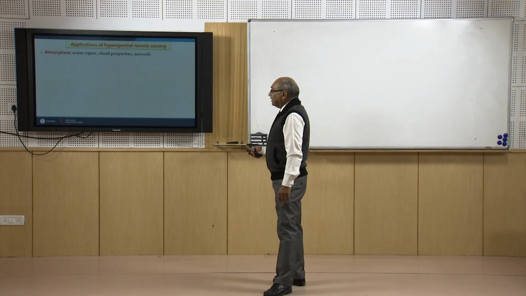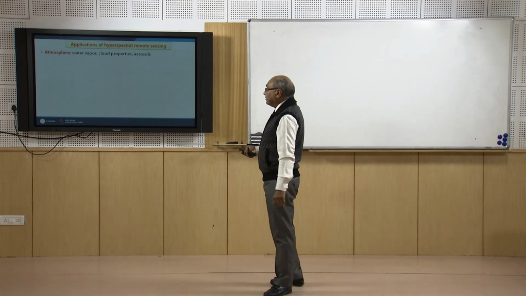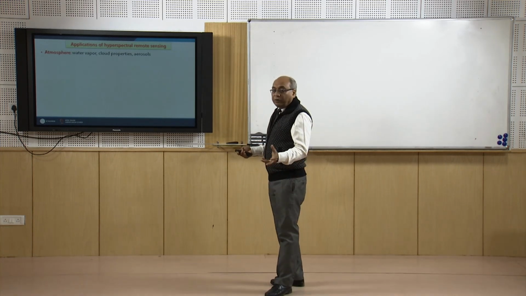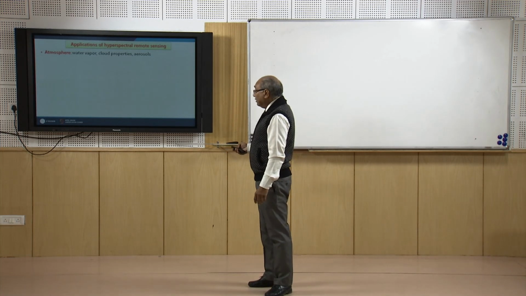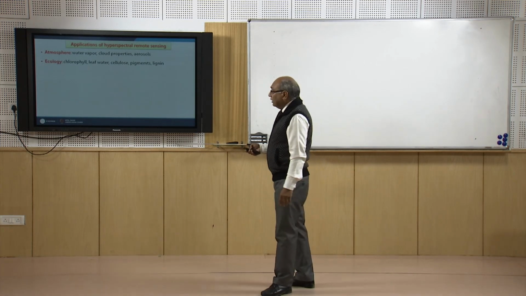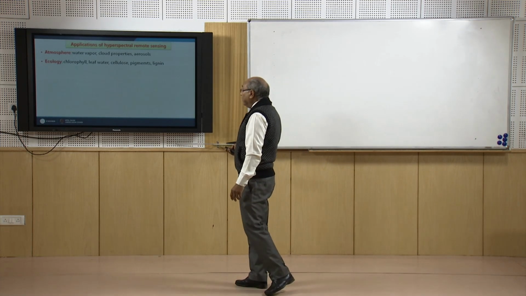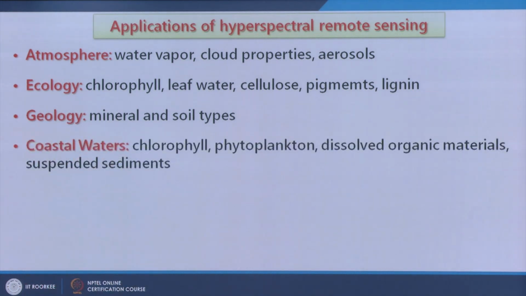Further applications are in the atmosphere: water vapor, cloud properties, and aerosols. Because of increasing pollution, aerosols have become very important to study, and in hyperspectral remote sensing it is possible. Ecology: chlorophyll, leaf area, cellulose, pigment and lignin. In earth sciences, in geology, mineral and soil types, rock types, lithology can be discriminated.